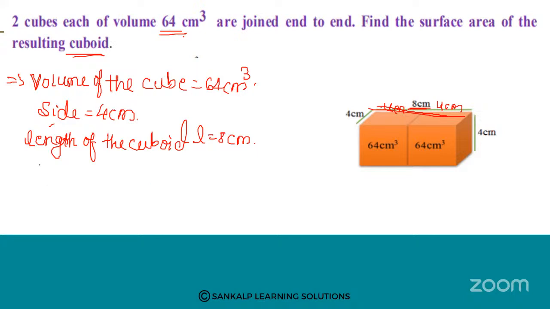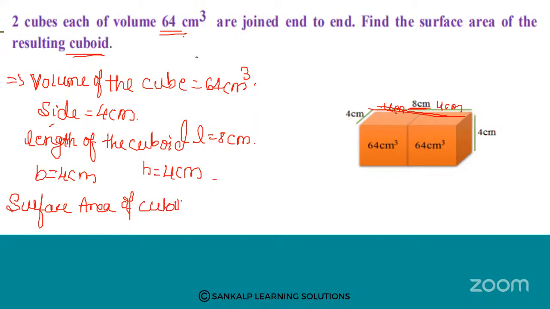So breadth of the cuboid is 4 centimeter and height is 4 centimeter. Then surface area of the resulting cuboid, surface area of the cuboid is 2 into L into B plus B into H plus H into L. Right?